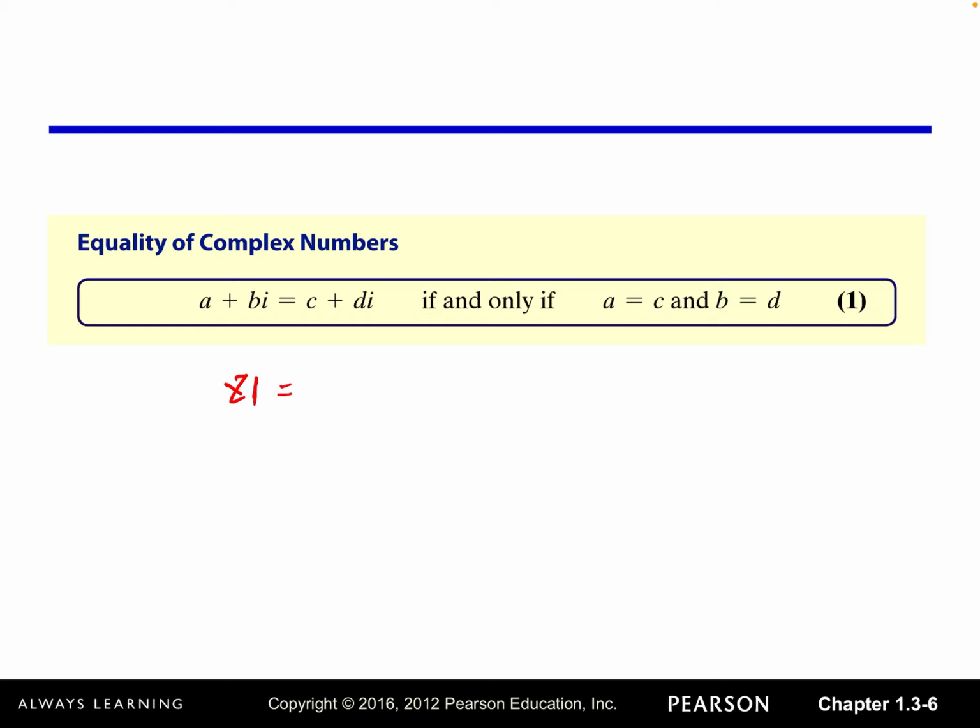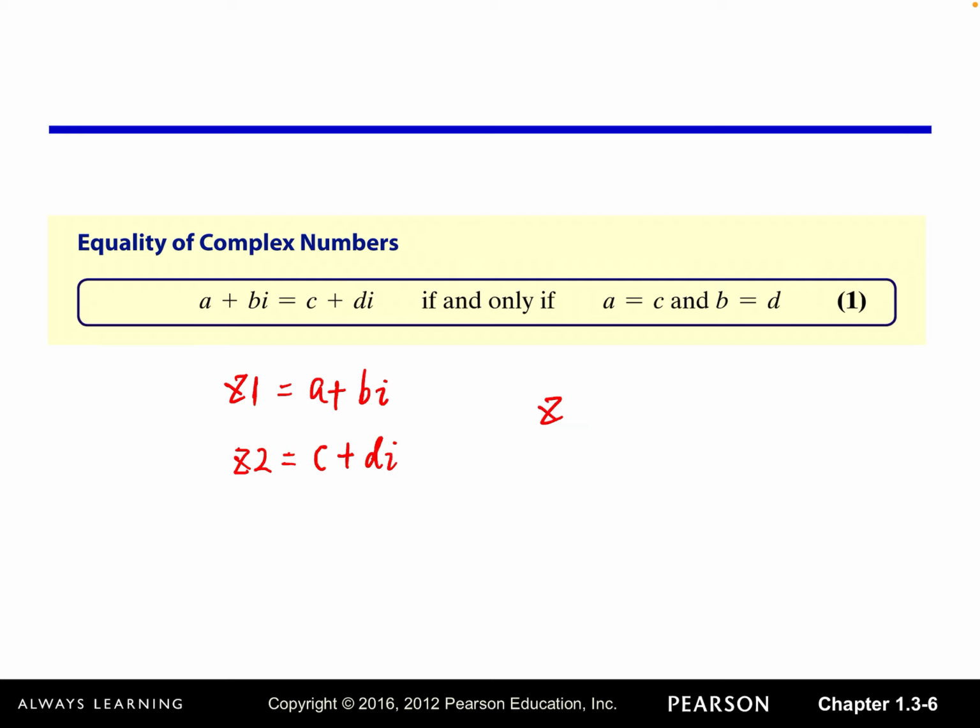Normally we use z to represent a complex number. Say the first complex number is a plus bi, I use z1 to represent it, and the second complex number I use c plus di to represent.